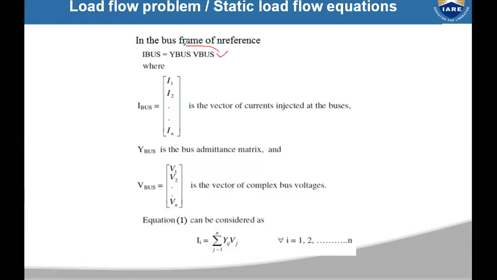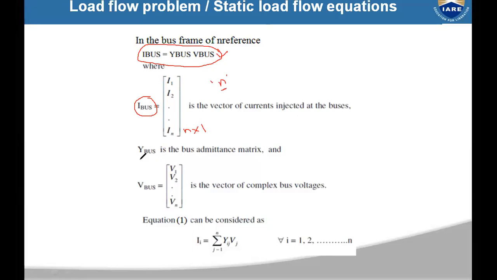So now this I bus is a vector of current injections at buses, which is an n by 1 vector. If there are n buses in the system, then I bus will be represented as an n by 1 vector of injected currents.